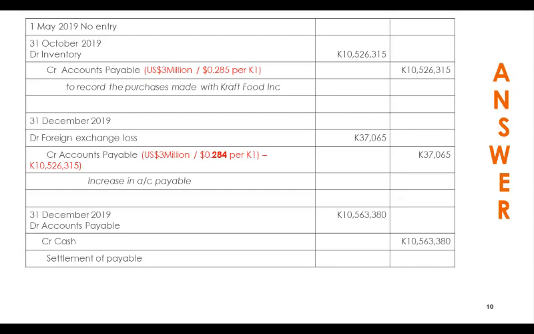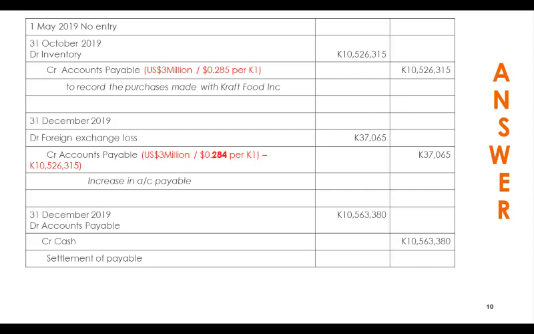Okay, notice on 1st May 2019 there is no entry. The reason is that the transaction is FOB shipping point. Which means if the product is not yet delivered, the ownership of inventory should still be with the seller.